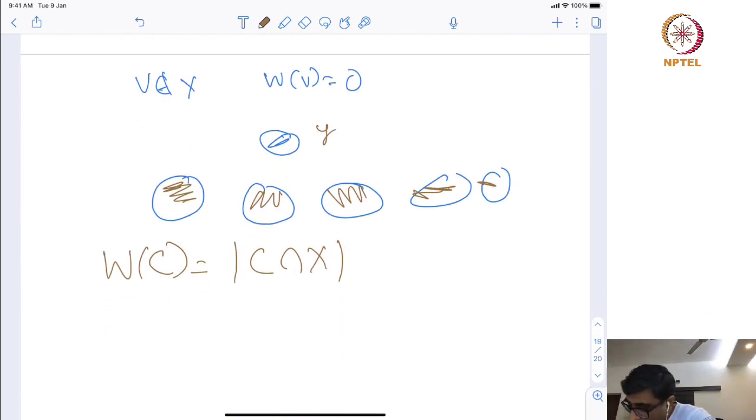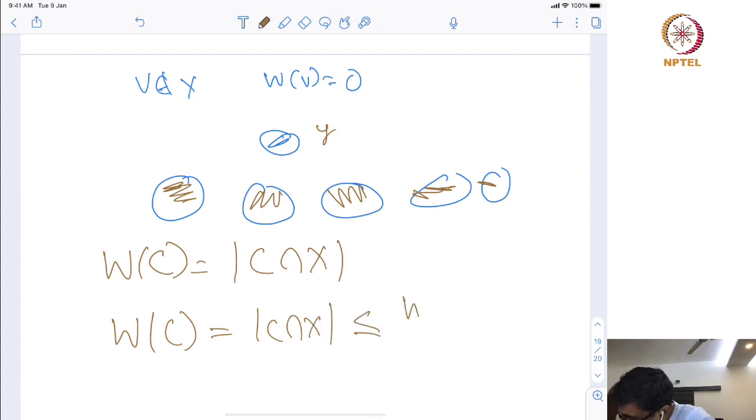And the property is that weight of C, which is C intersection X, is at most weight of the vertex set of G divided by 2, which is at most |X|/2.